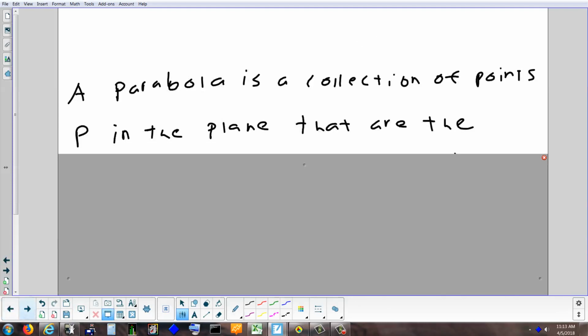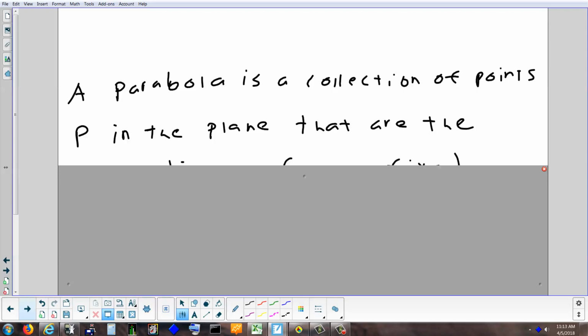It's a collection of points, and I'll call the collection P. P is all the points that make up a parabola, and it's in the plane. Plane means it's flat. A parabola is not a 3-dimensional shape. It's in the flat plane. If it was in space, that would mean 3D, but this is 2D.